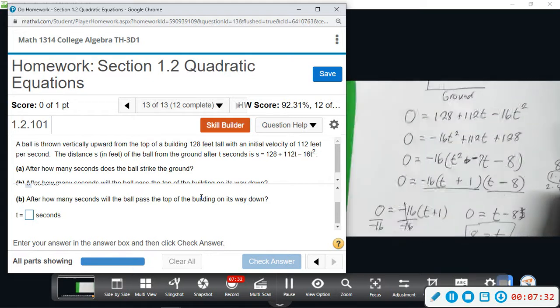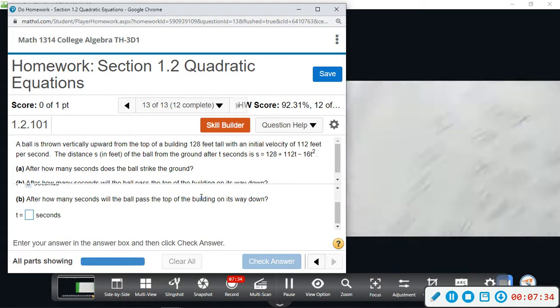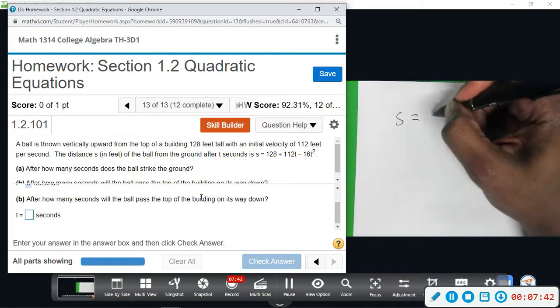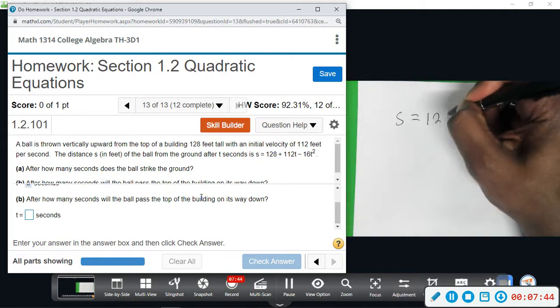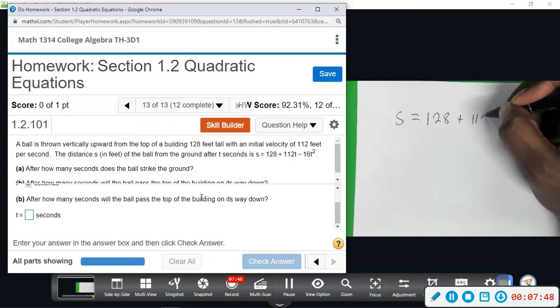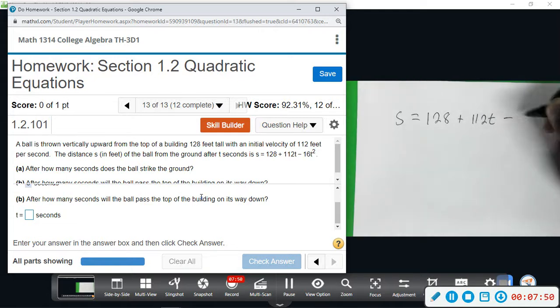So I'm out of space on this paper, so I'm going to start another one. So the equation that we had, I'm going to say S equals 128 plus 112t minus 16t.